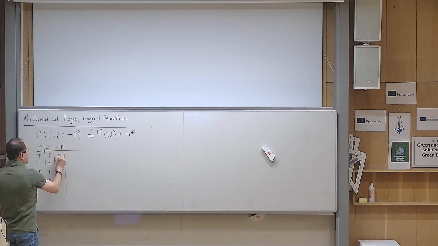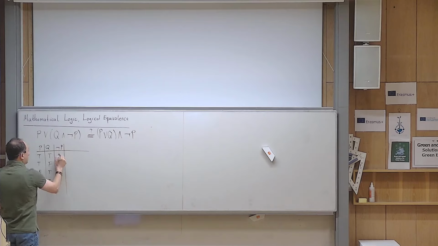And then I will have Q and not P, so it is F, F, T, F. And then finally I have the left-hand side, which is OR between these two columns. So this is T, this is T, this is T, and this is F.